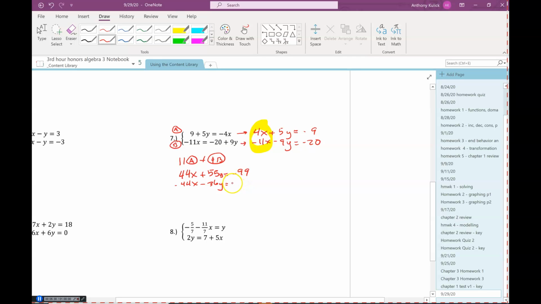So when I add down, I get, what is that? That's positive 19y equals negative 179.